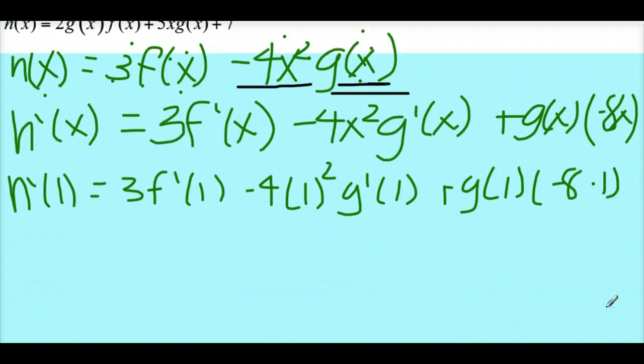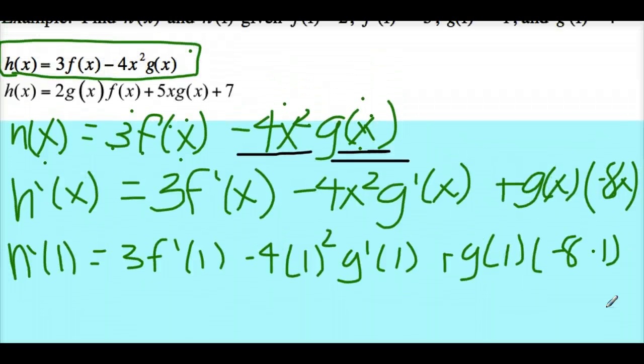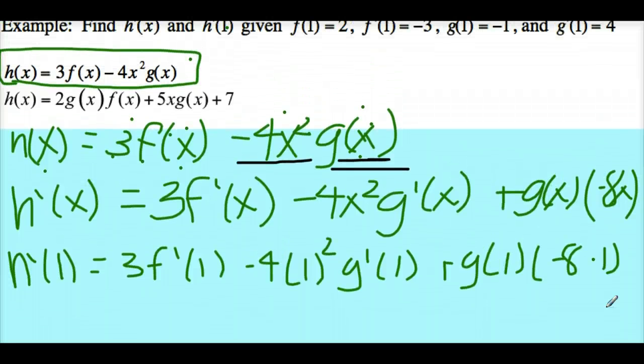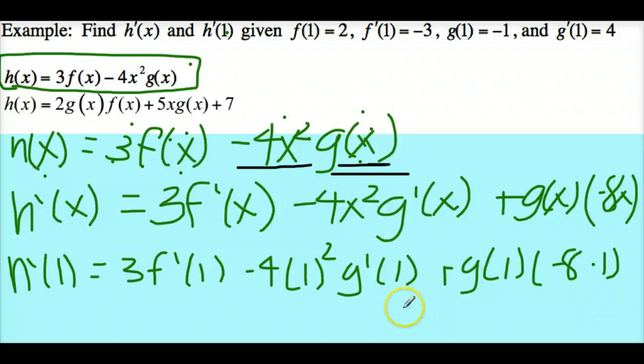And if I make more room over here, well, actually, let's squeeze this in. I don't know if you can see that. But now I have all these pieces of information to plug in.